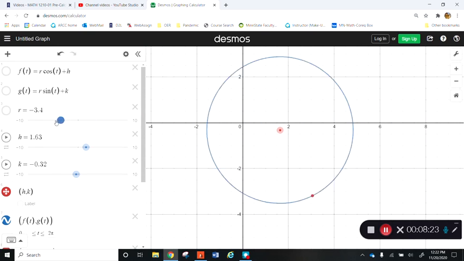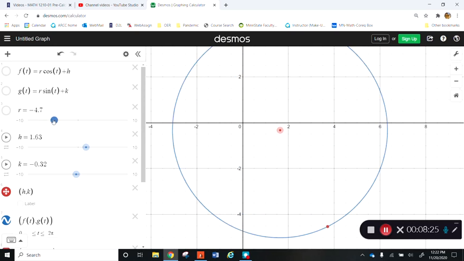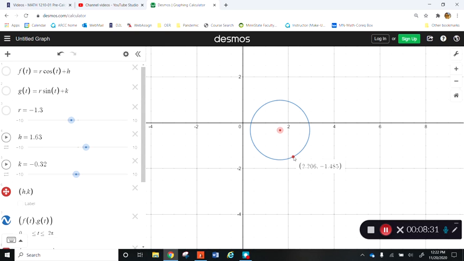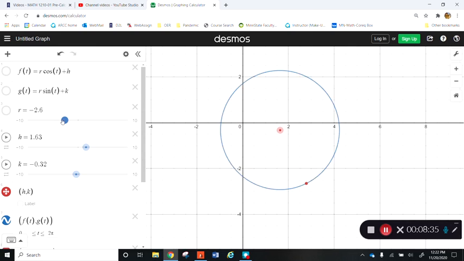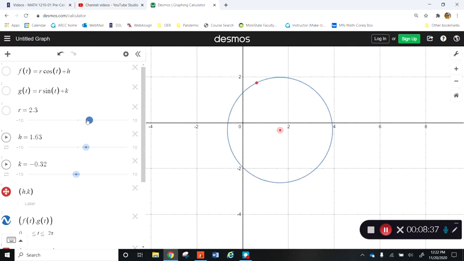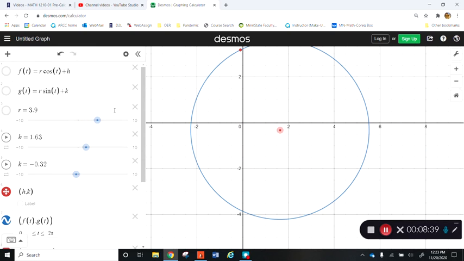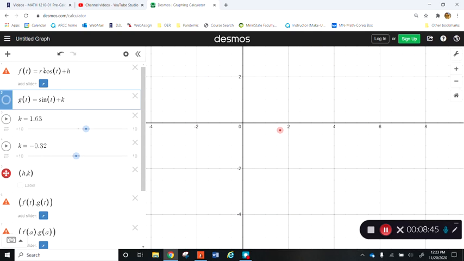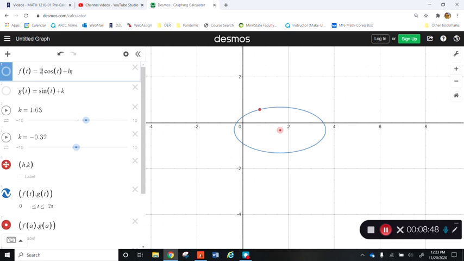You can even multiply by a negative number, which gives you the same circle with the same radius. But you'll notice that when I make it negative, this red point flips to the other side because r is becoming negative, but the graph is still the same. So that suggests that if I multiply by different numbers, as you saw earlier, you can make an ellipse.